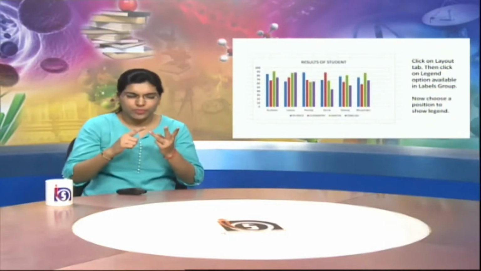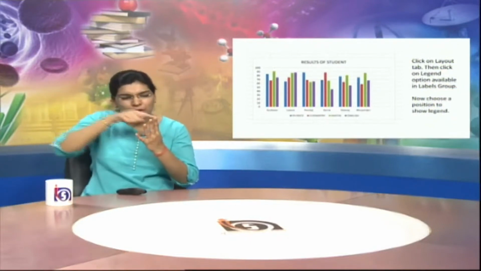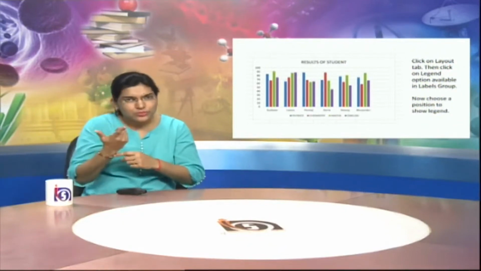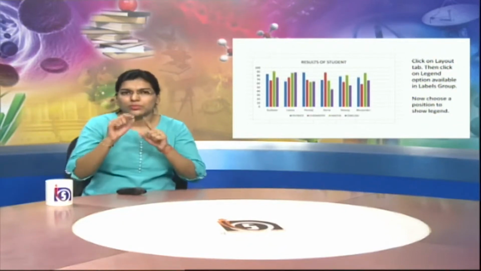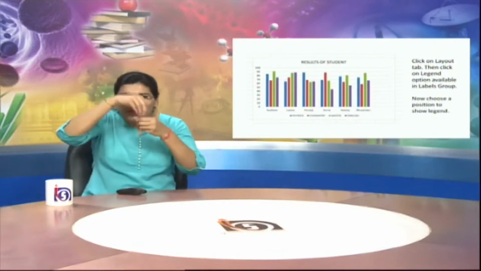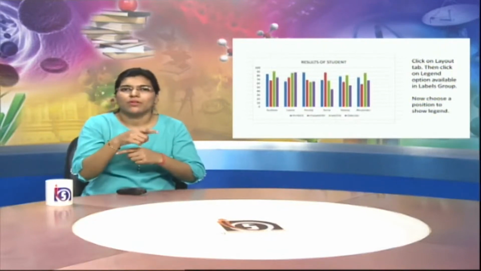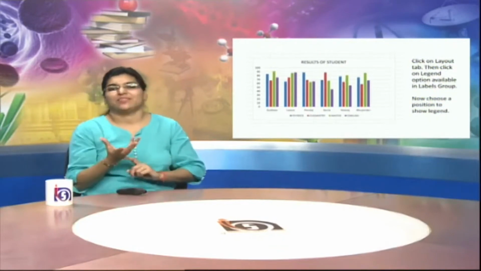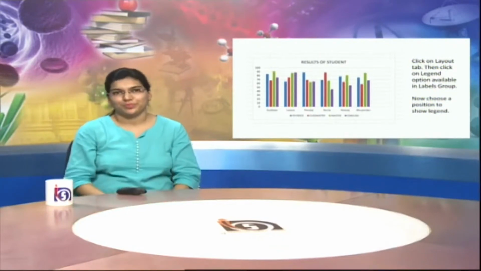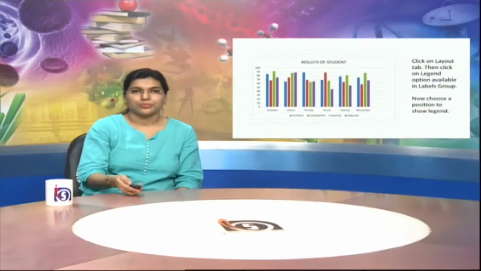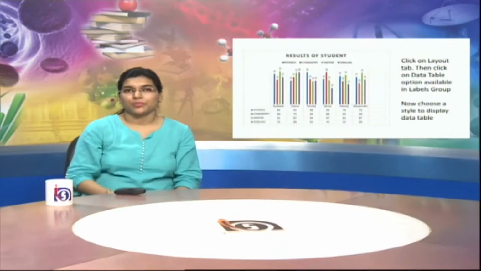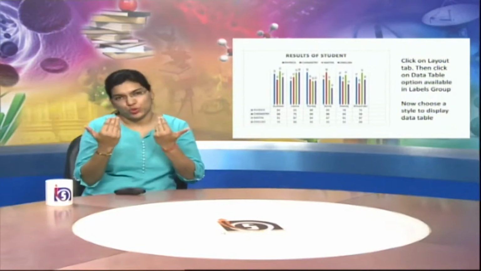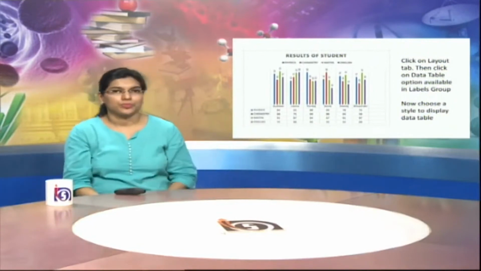Like blue color, red color, green color and purple color for different subjects: mathematics, English, chemistry, physics. Such charts and functions and formulas can be used. It is really easy to understand the colors with the help of subjects. If you want to add more subjects, you can see on the screen.